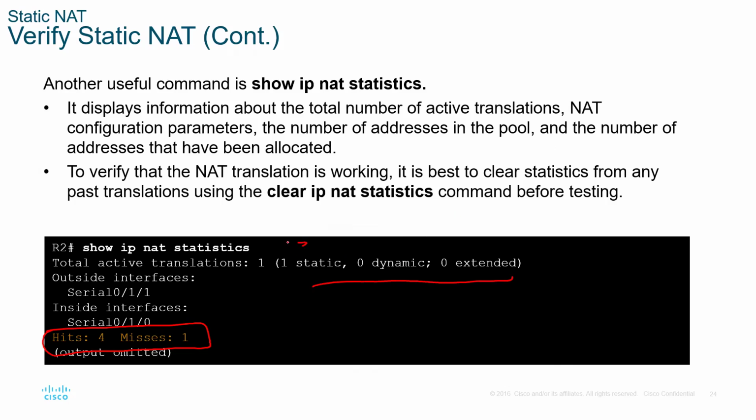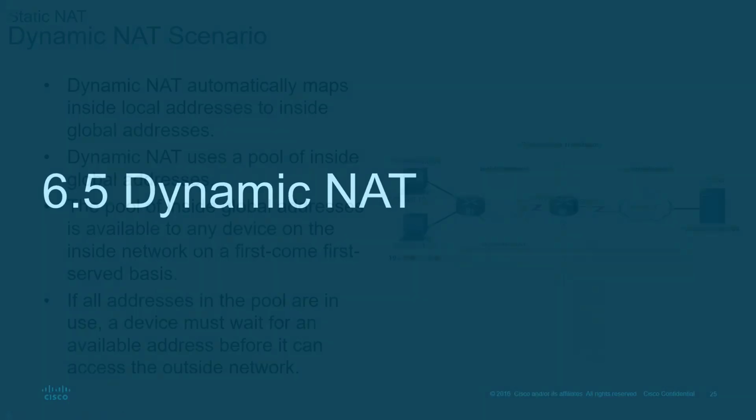Example here, we have 1 static, 0 dynamic. Those are the types of translations. It also gives the total number of translations, and what the hits and misses are. Show commands, very important. I always say this.